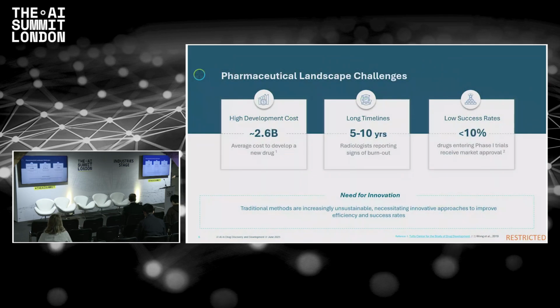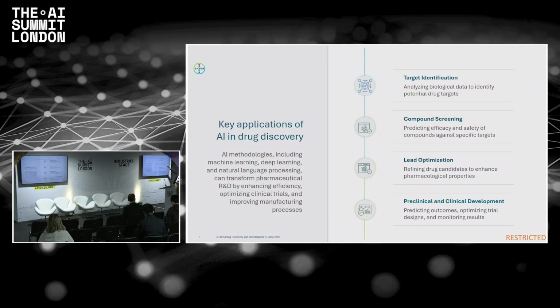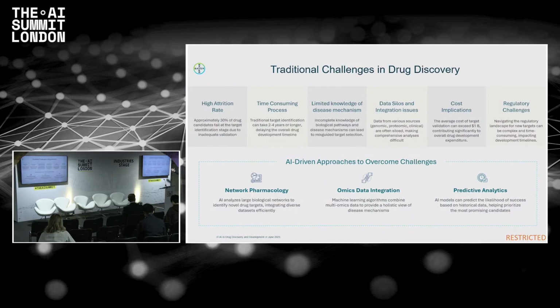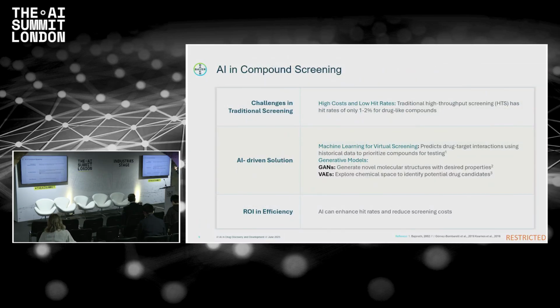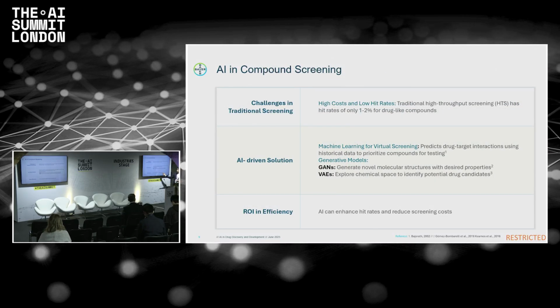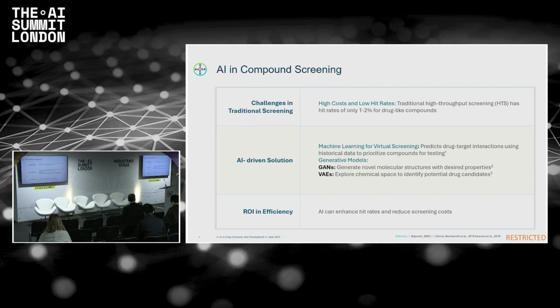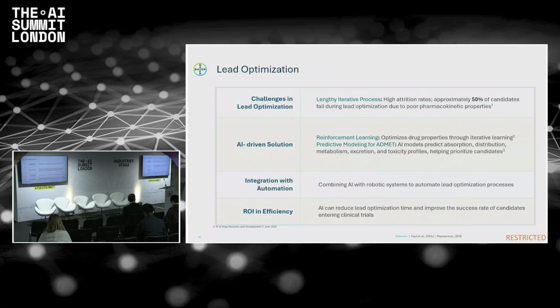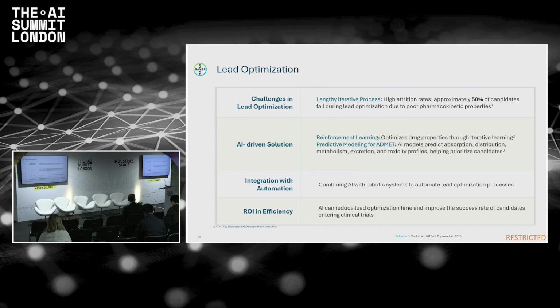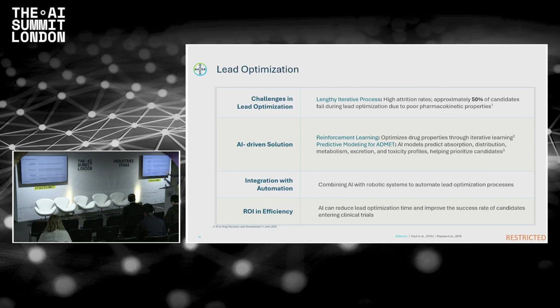Now, if you look at each and every step within drug development, I gave some indication about some of the key metrics. So hit rates and the screening cost. Is it enhancing the hit rate and reducing the screening cost? When it comes to optimization, it is the time of the lead optimization and the success rate.